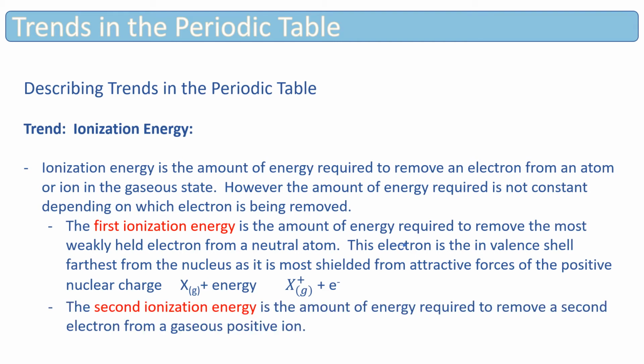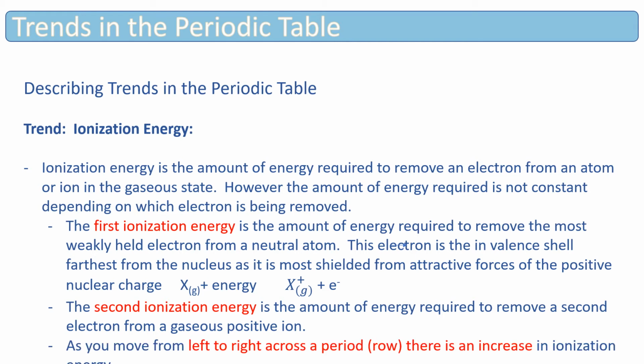The second ionization energy is the amount of energy required to remove a second electron from a gaseous positive ion. As you move from left to right across a period or row, there is an increase in ionization energy.